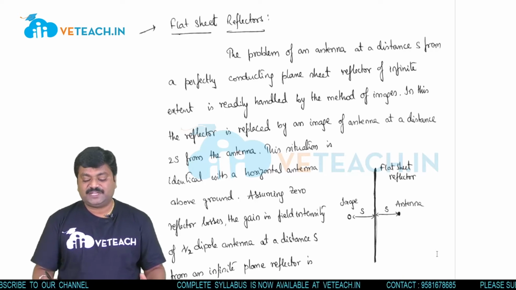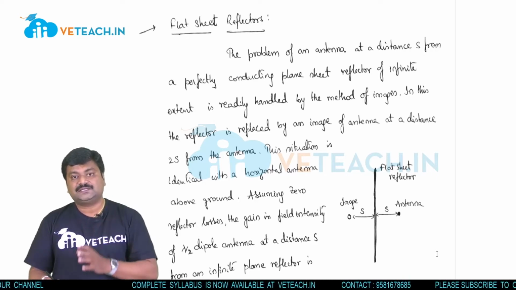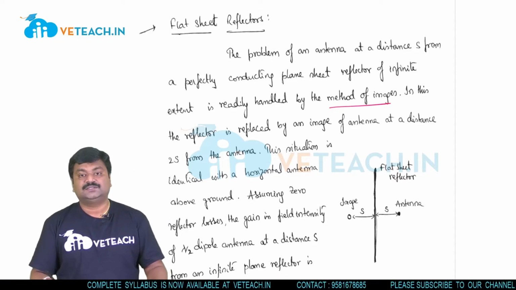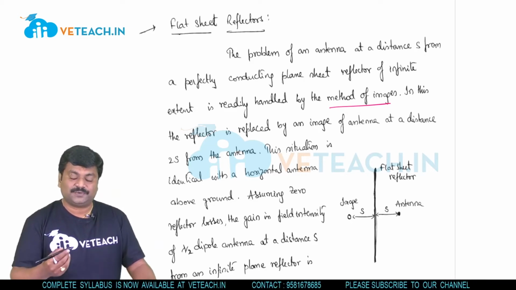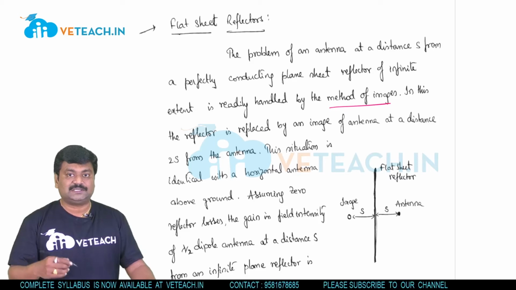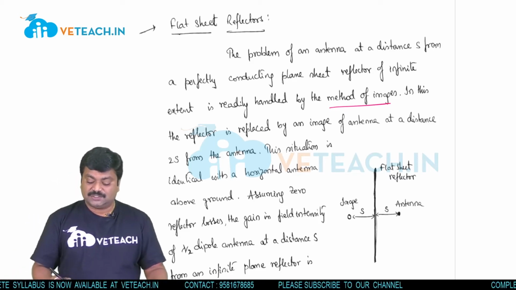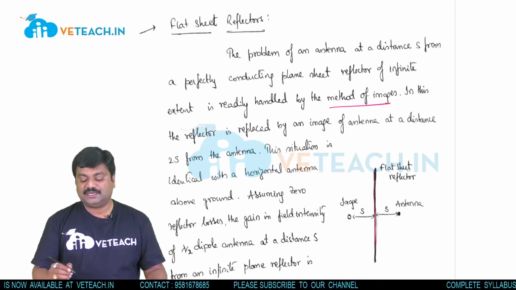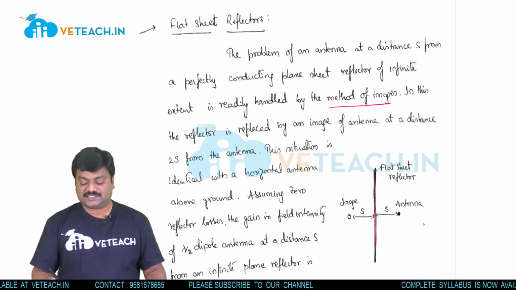It is considered to be a flat sheet, and I'll handle this mechanism by the image method. That is, I will be able to define the concept of reflection, or the reflector property, in a flat sheet conductor.